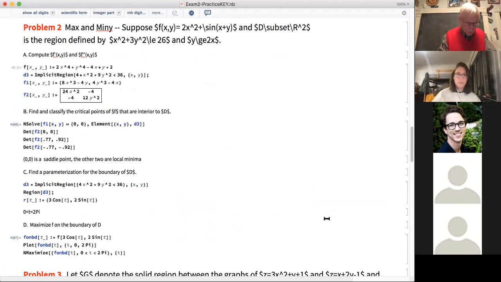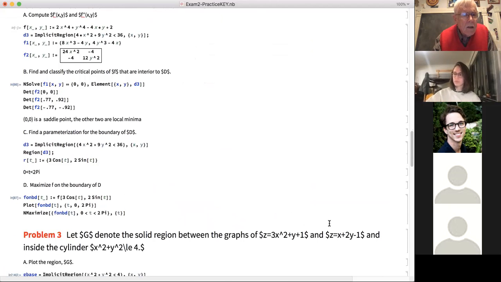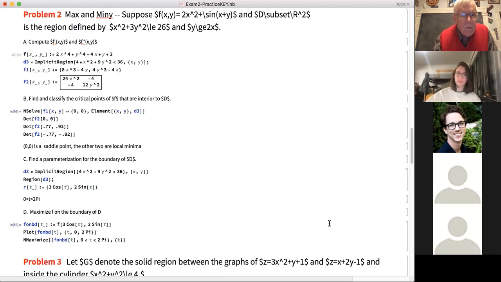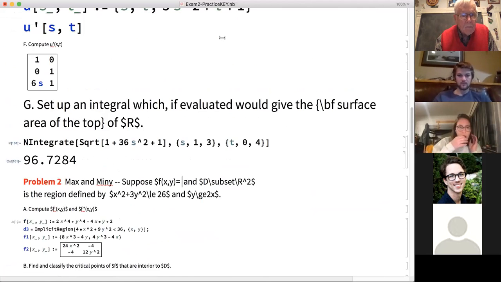Let's take a look at problem 2. Maximize and minimize. Is this the one I gave you, 2x squared? I don't think it is. Oh, bummer.